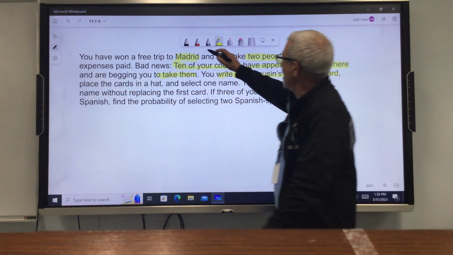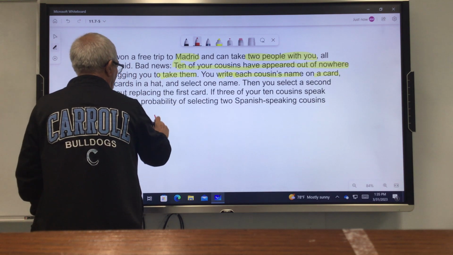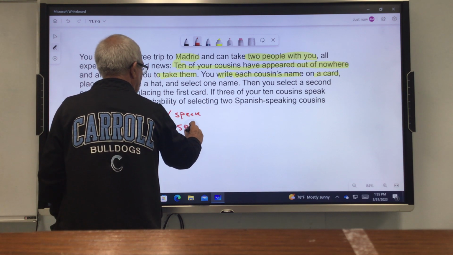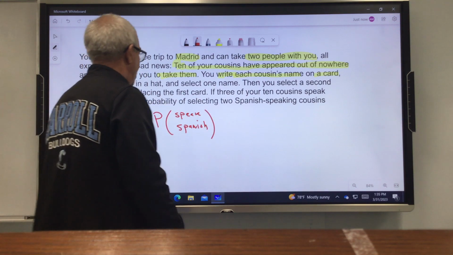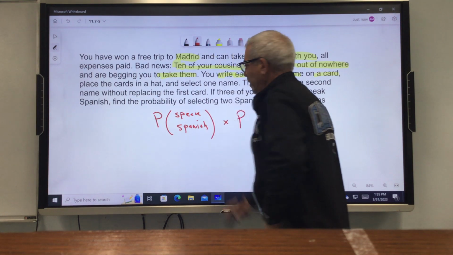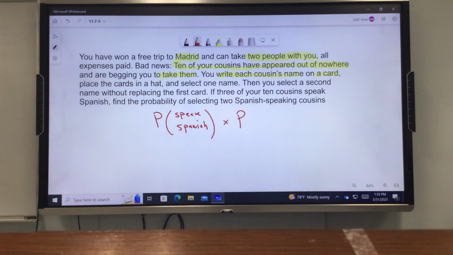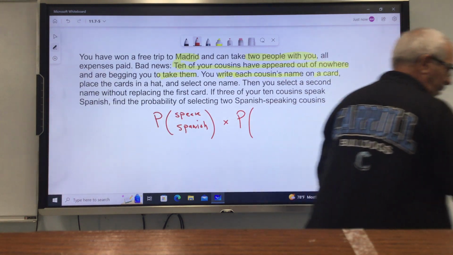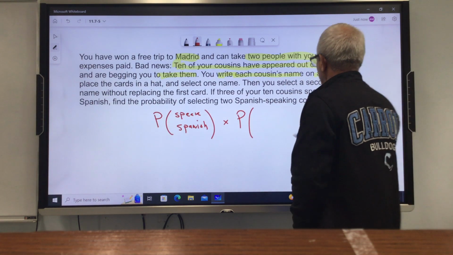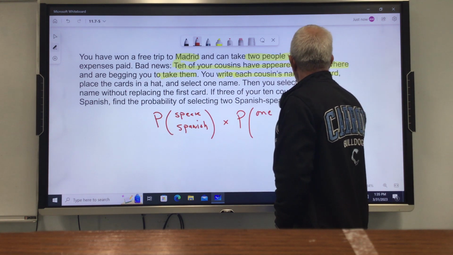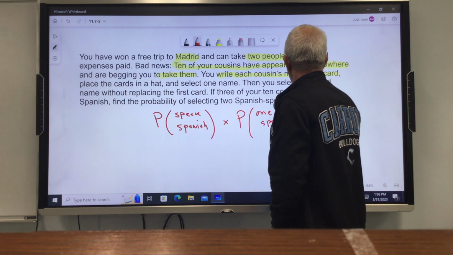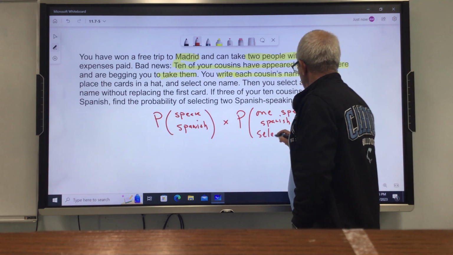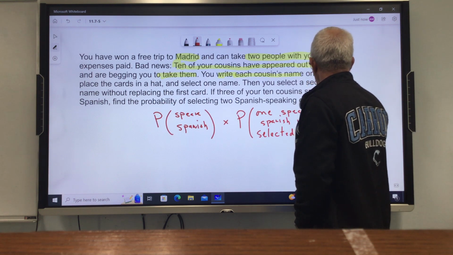Alright? Then if that is an and probability, I am going to need to find P, the probability that the person speaks Spanish, and multiply by the probability given that one that speaks Spanish was selected first.